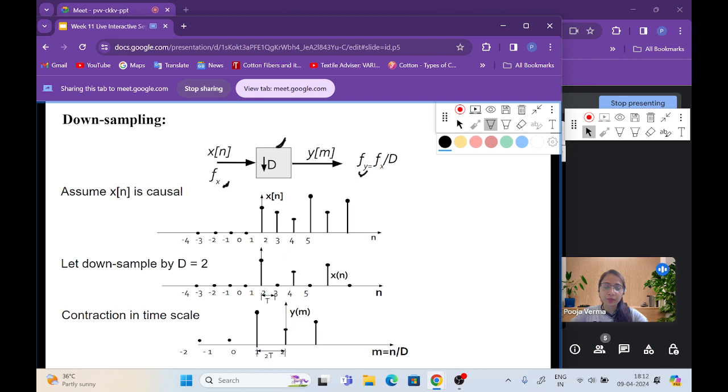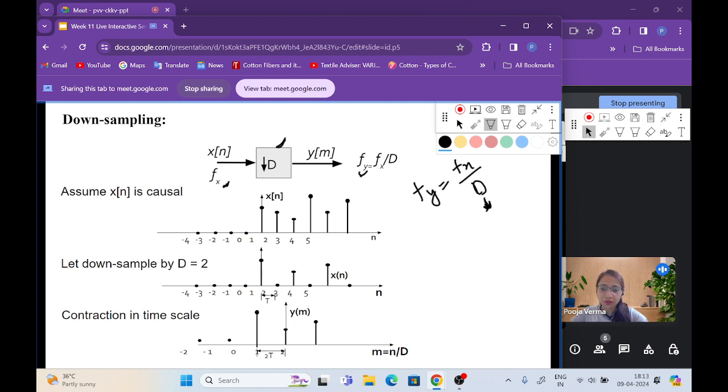Downsampling is related to the input and output frequency by Fy equal to Fx divided by D, where D is the downsampling factor, the rate at which we downsample. Here is an example of downsampling.